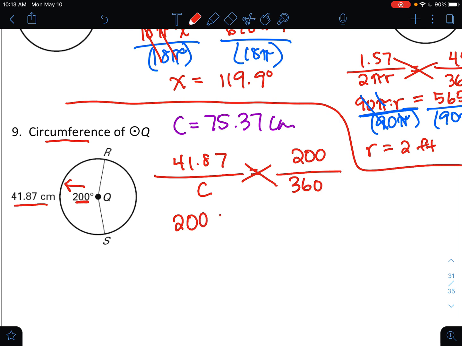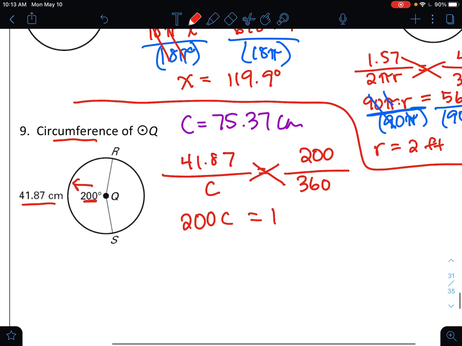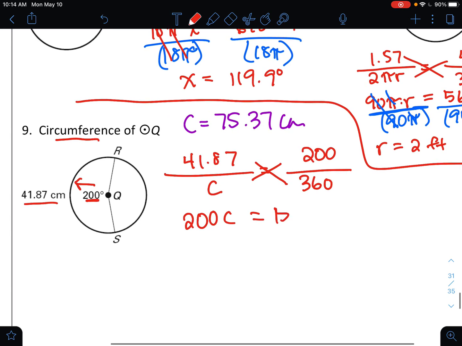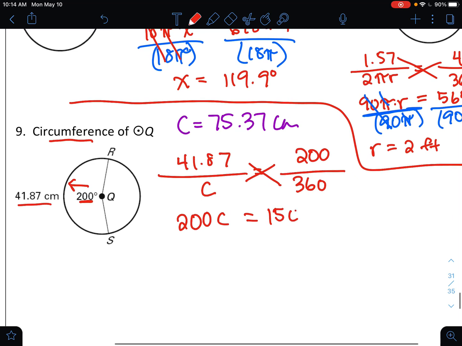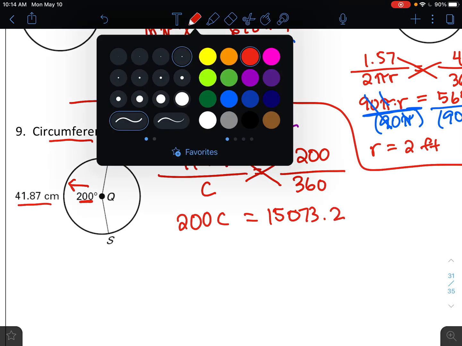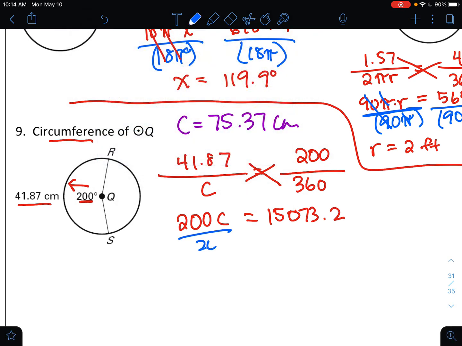So let's just cross multiply. 200C is equal to 41.87 times 360, which is 15,073.2. Now you can divide by the 200.